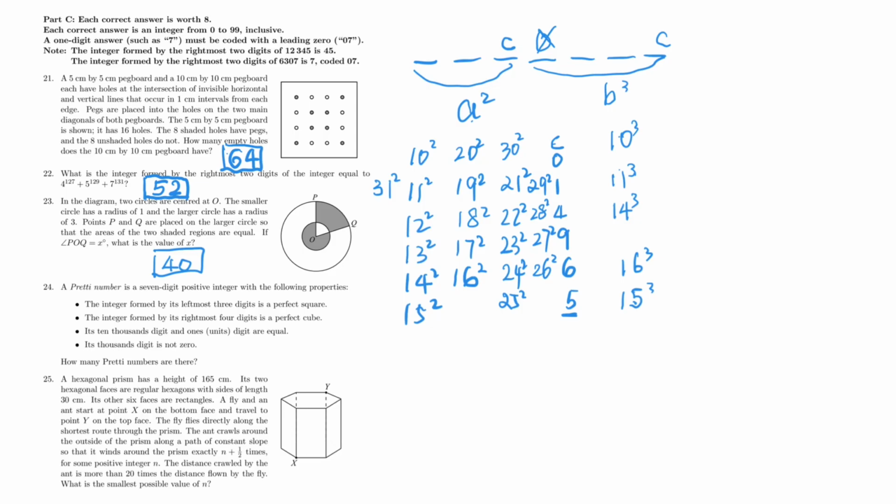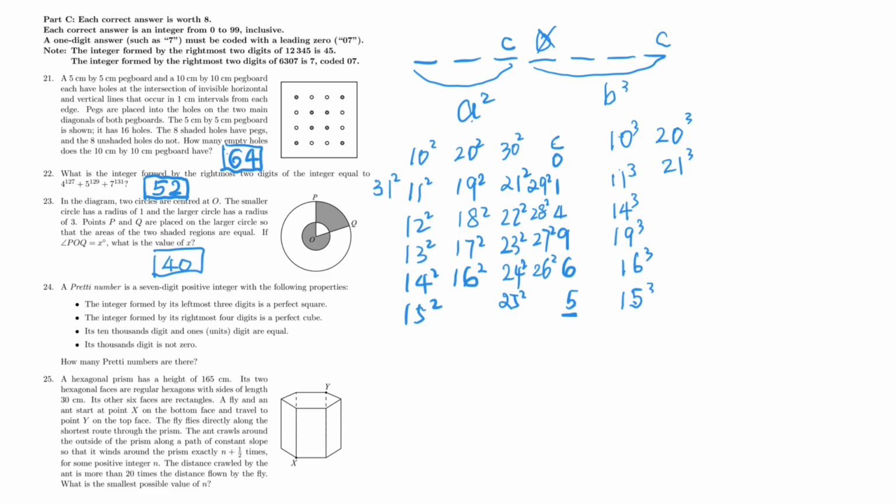18 cubed, that is 2, so no. 19 cubed, the ones digit is 9, and we put the 19 cubed here. 20 cubed, put it on the top; the ones digit is 0. 21 cubed, the ones digit is 1. 22 cubed is over the 4 digits, it is a 5-digit number.